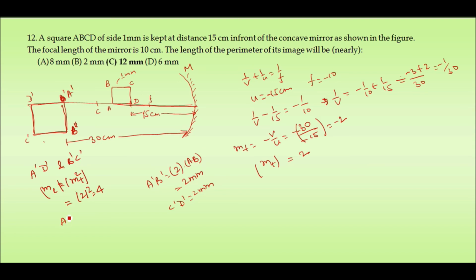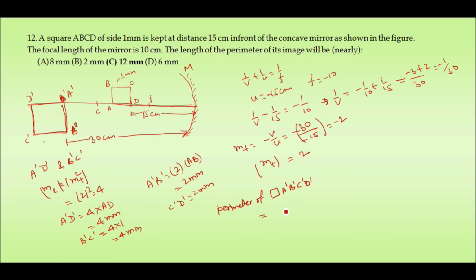So A dash D dash is equal to 4 into AD, and it is equal to 4 mm, and similarly B dash C dash is equal to 4 into 1, that is 4 mm.